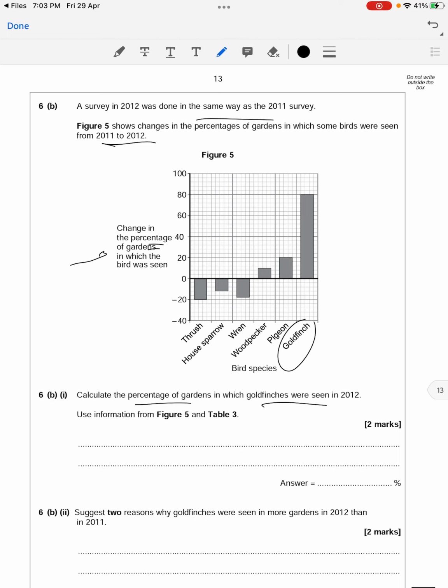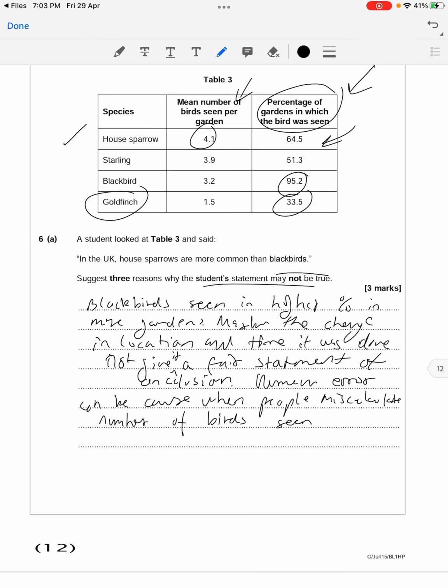The change in percentage of gardens is 80, so it's a positive increase of 80%. So we can do 100 plus 80 first. That gives us 180, right? So 180 divided by 100 is a 1.8 increase.